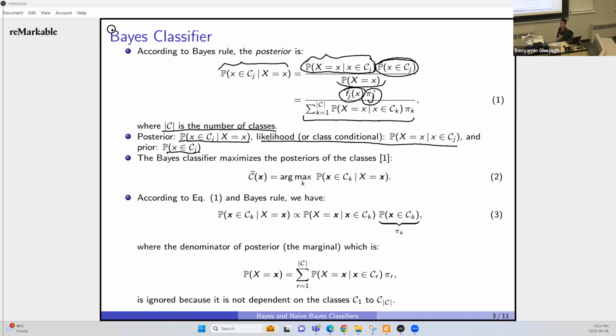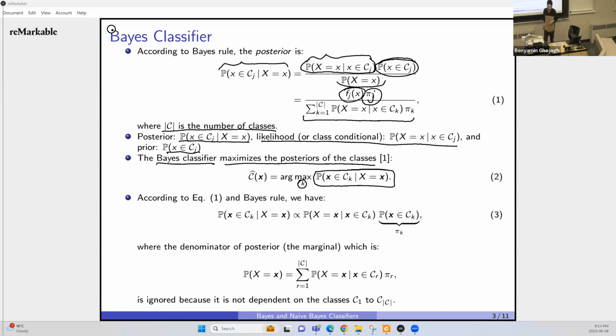The Bayes classifier, what does it do? It maximizes the posteriors of the classes. So it says this is the posterior. Which class maximizes this posterior? And the optimization variable is the label of the class. Which class? Argmax of this over k.